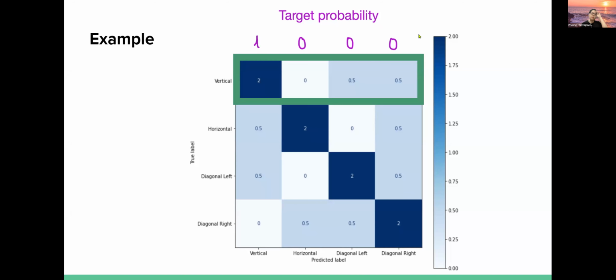So we can use the softmax function and the cross-entropy category loss. But first, because the true label we have here is vertical, we know that the target probability should have been 1, and the predicted probability should have been 0 for the other orientations.